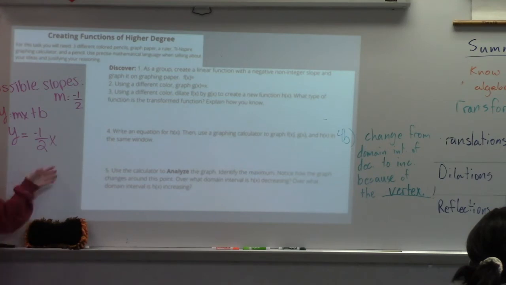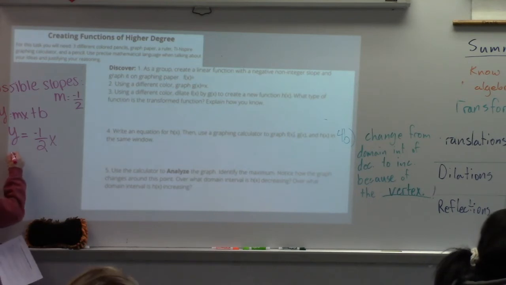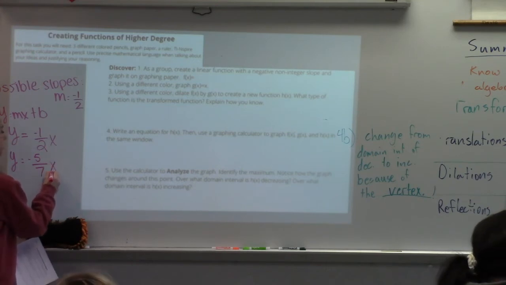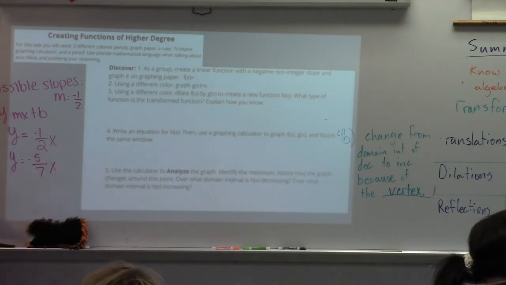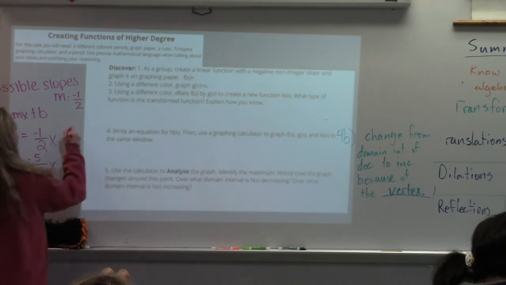Well, true, but we're gonna be graphing these, so hold on, let's keep talking about some more. Kyle, what's a slope that you guys came up with, or a linear function? Slope -5/7. Okay. Sharnadia, what about your group? -2 divided by 3. Okay.